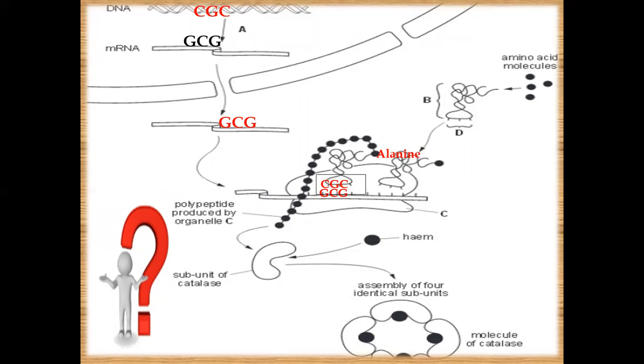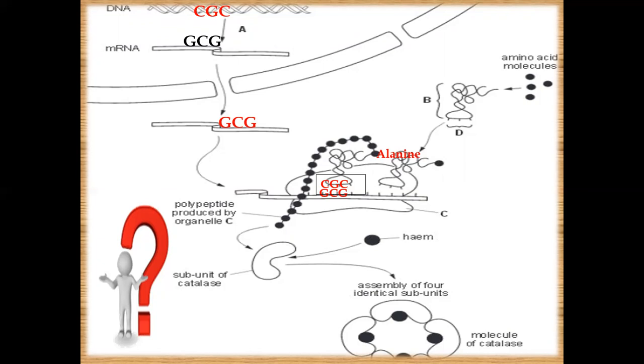In the cytoplasm, the messenger RNA will combine with the ribosome and the transfer RNA. After combining with the transfer RNA, this will produce a polypeptide chain, and after processing, it will convert into a protein product like enzymes or other products.